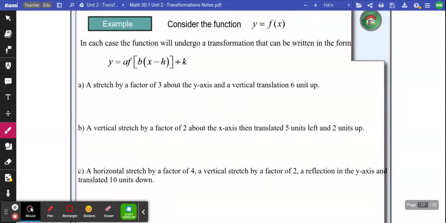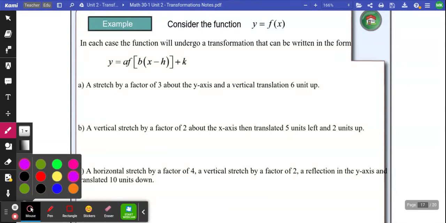First one, a stretch by a factor of 3 about the y-axis. If I'm stretching away from the y-axis, that is a horizontal stretch. Agreed? This is your b value.